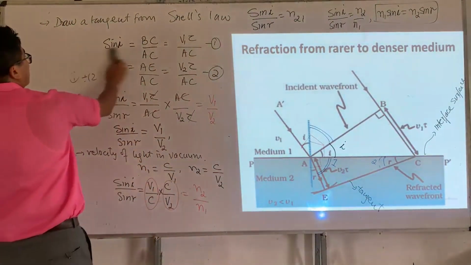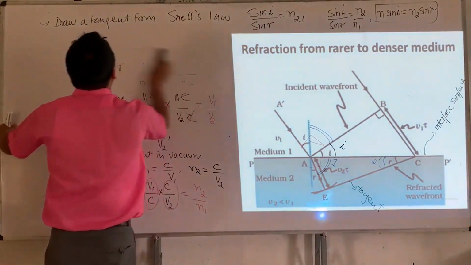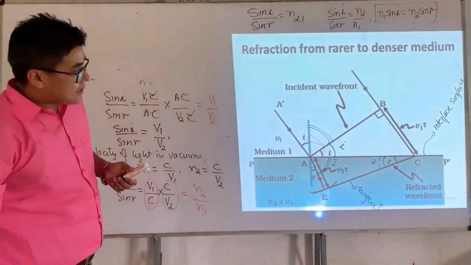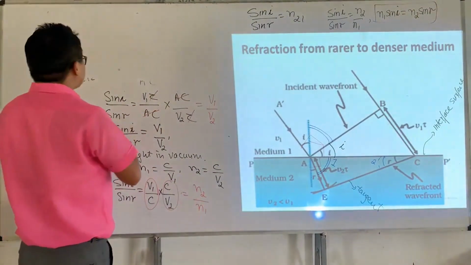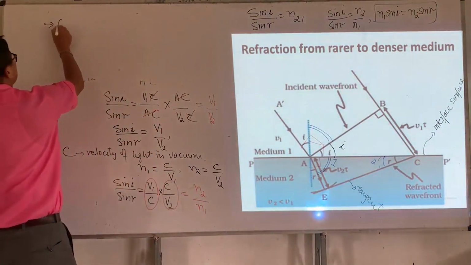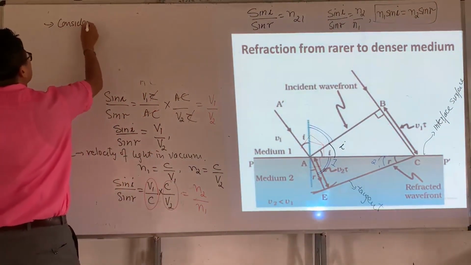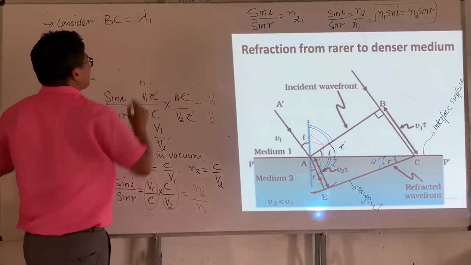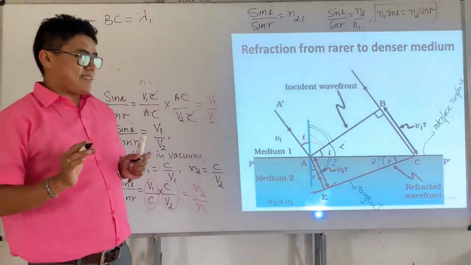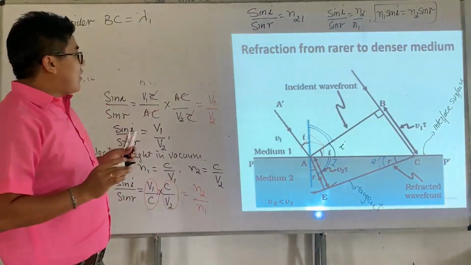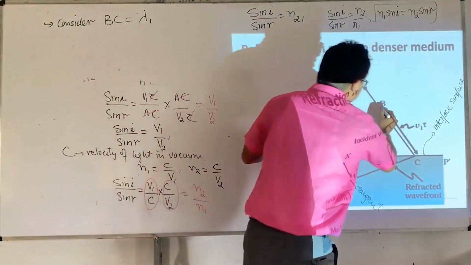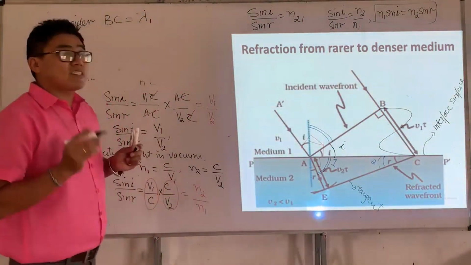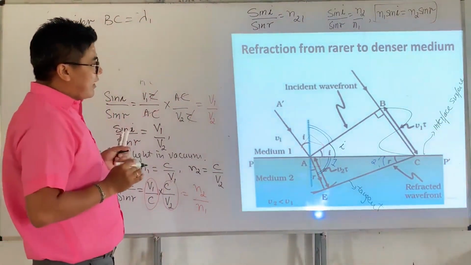Let's consider BC is equal to one wavelength. If the distance BC is one wave, alright.